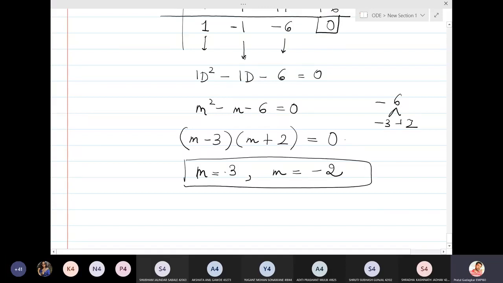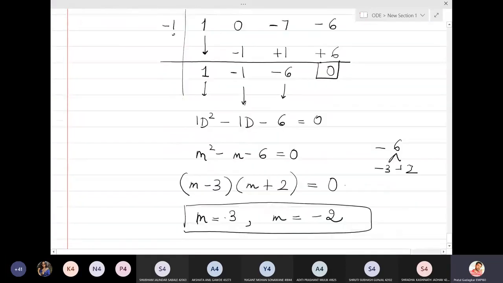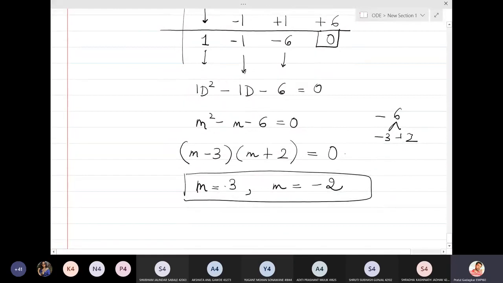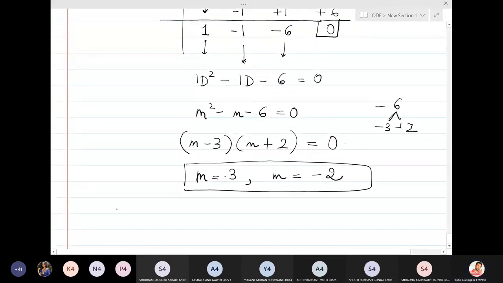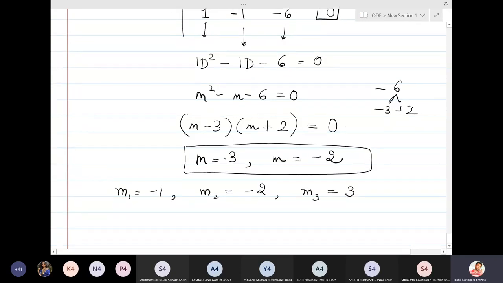Initially we had got the first root as m equal to minus 1. So the roots are minus 1, minus 2 and 3. So m1 is minus 1, minus 2 and the third root is 3. They are real, all the roots are real and they are distinct also.